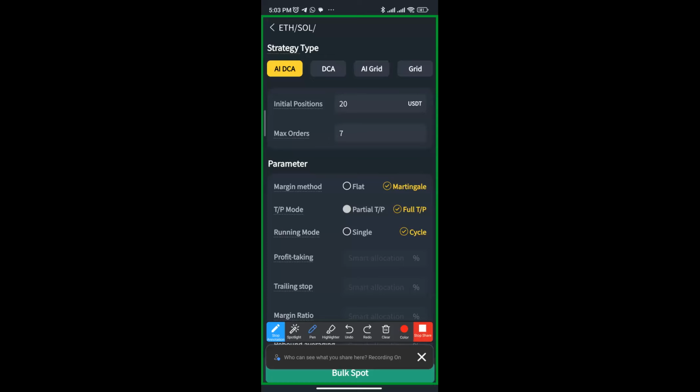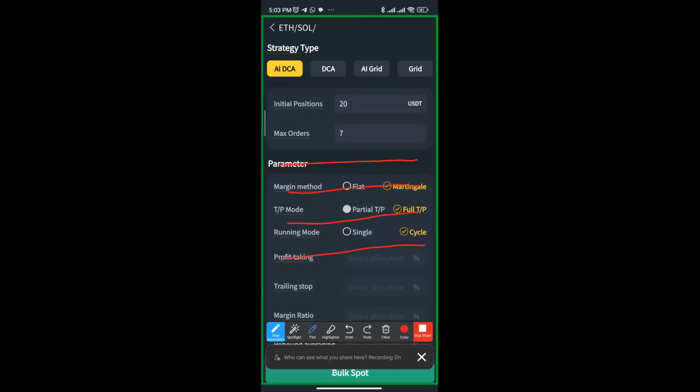Secondly, the DCA bot reduces the risk of purchasing high by investing at consistent intervals. What do I mean?